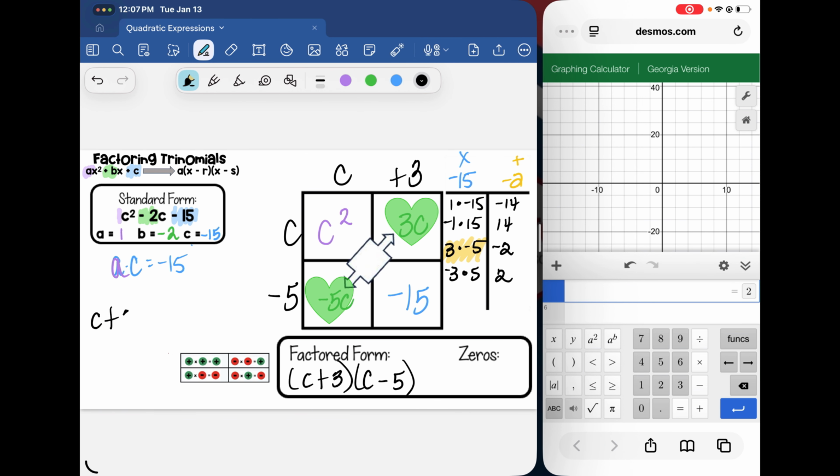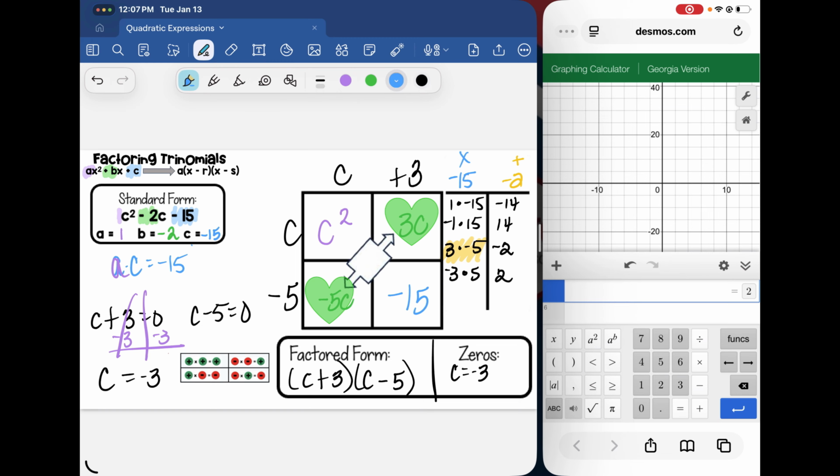AKA c plus 3 is equal to 0 and c minus 5 is equal to 0. How would we solve for this c? Subtract 3 from both sides. Well, this would cancel out and we would get c is equal to negative 3. So one of my zeros is c is equal to negative 3.